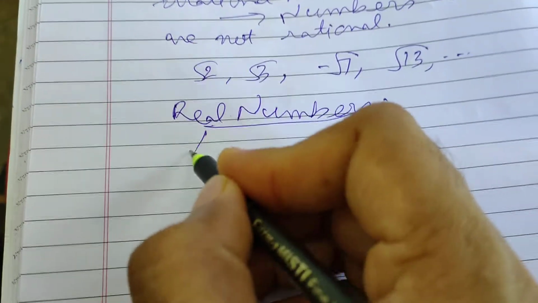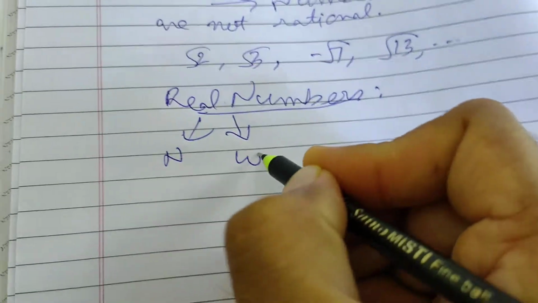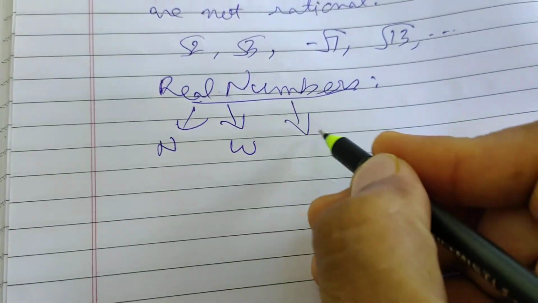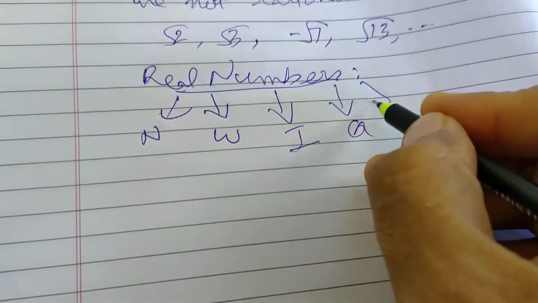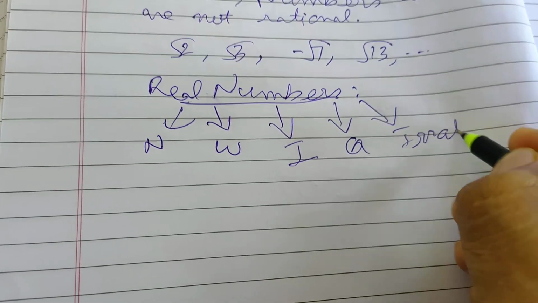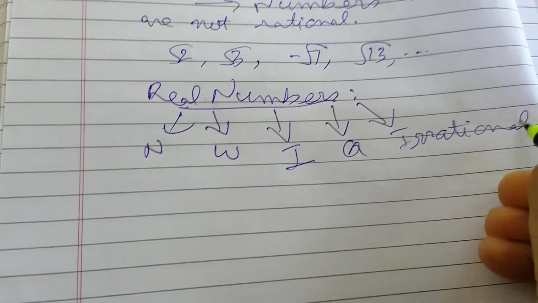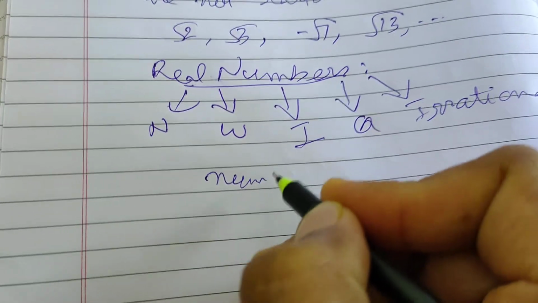So what are real numbers? They are natural numbers, whole numbers, integers, rational numbers and irrational numbers.